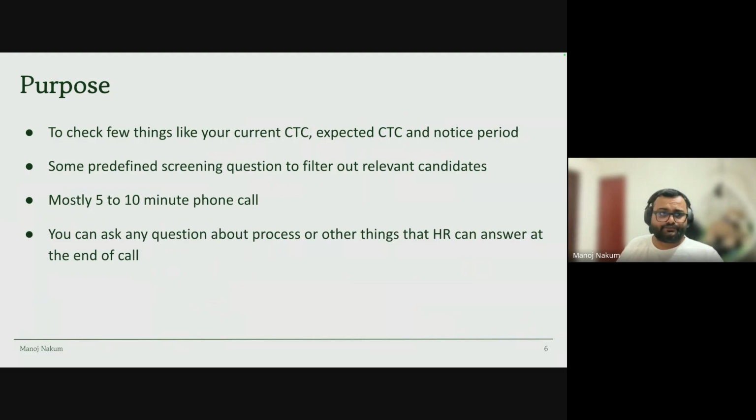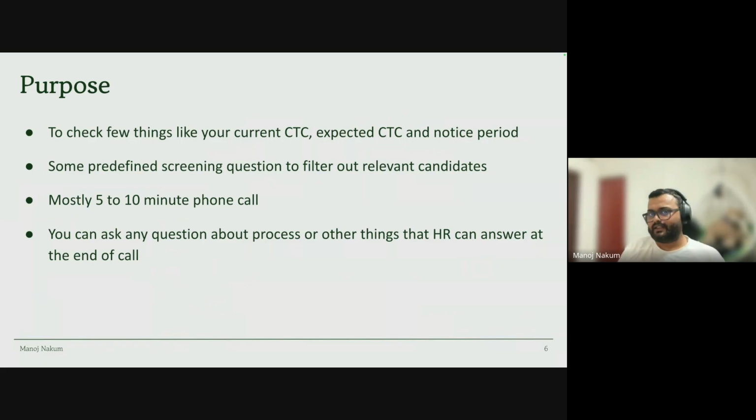Now, if they are done with their questions, don't shy away from asking the questions that you might have. Okay. But keep in mind that it is still a screening round. So you should not directly ask, okay, what is the technical round? But you can ask questions like, okay, how many rounds of process do you follow? Any other HR stuff, like is it a remote job? Mostly they write this in the description, but if you still have questions, you can ask them.